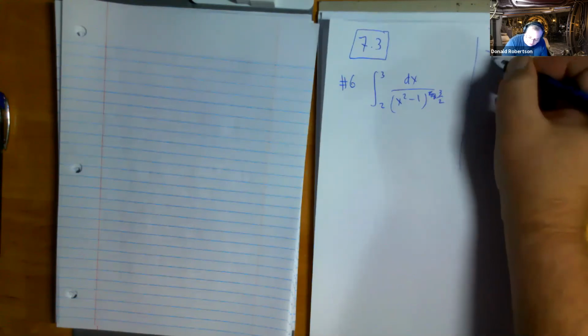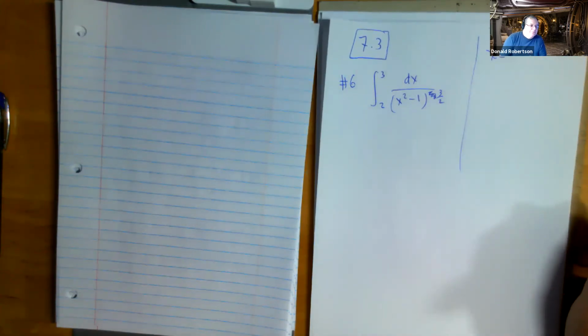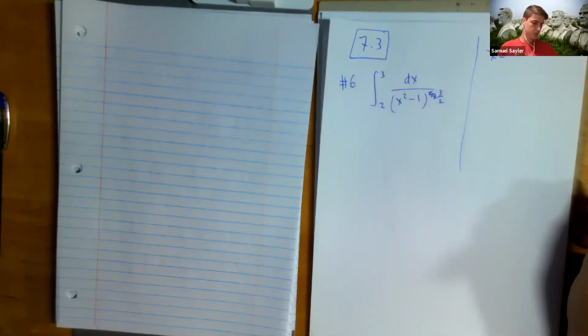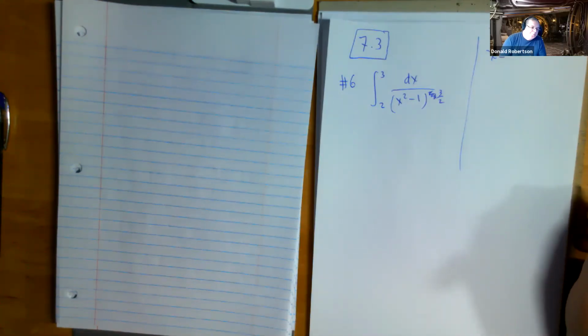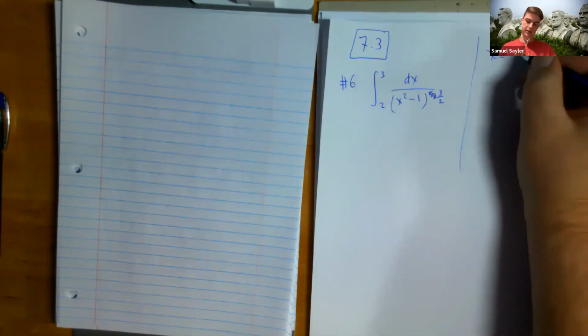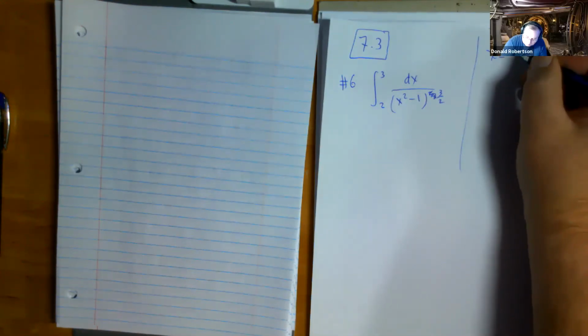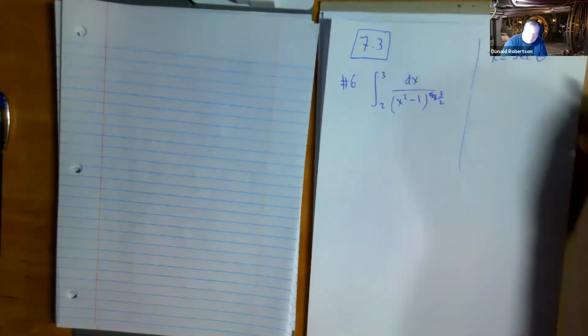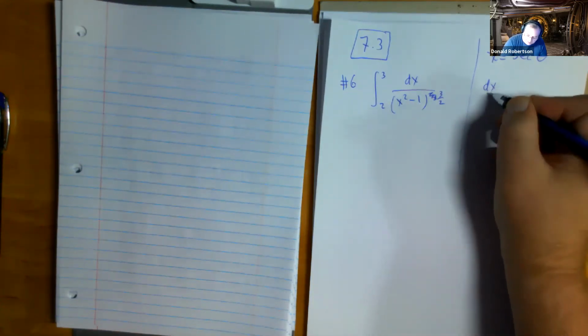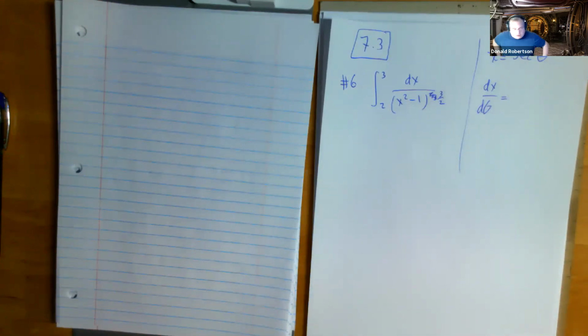We recognize this as what I call x subs. What x sub uses x squared minus 1? Number 3, so x equals a secant theta. In this case, 1 secant theta, right? So dx by d theta. What do you get if you differentiate a secant?